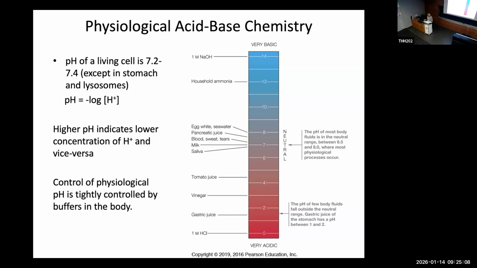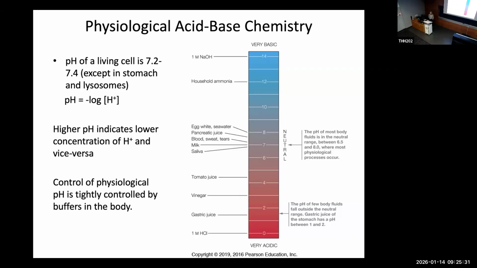The general blood chemistry is around 7.2 to 7.4. So controlling the pH of our body is very important. We do not want to become too basic or too acidic. And we'll get into why that is important. It can affect our proteins and it can affect our lipids and things like that.